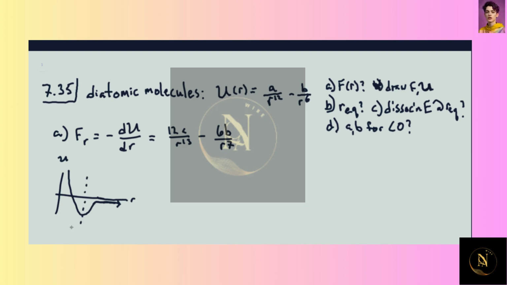And here at the bottom of the potential well will be the equilibrium R. And then the force graph will look similar, except the equilibrium is here where the slope of this is 0. So force is 0 here. And we can see that because the force is pushing them apart when they're closer together than the equilibrium, and it's pulling them together when they're further apart, that this is a stable equilibrium.